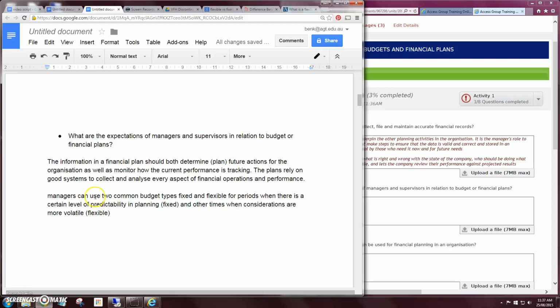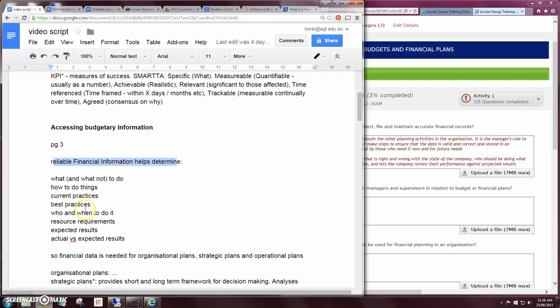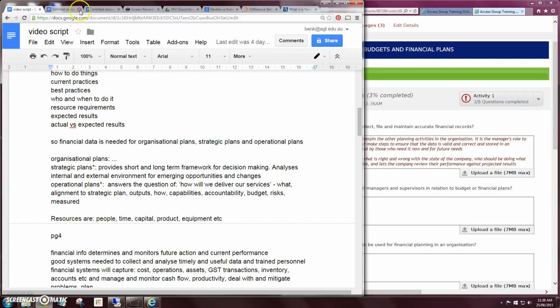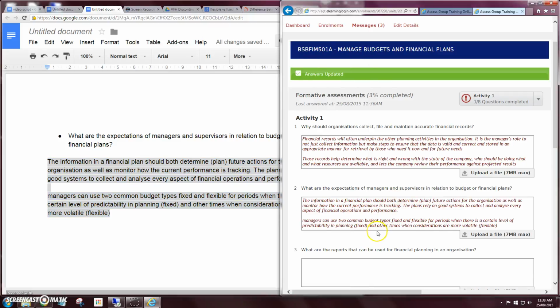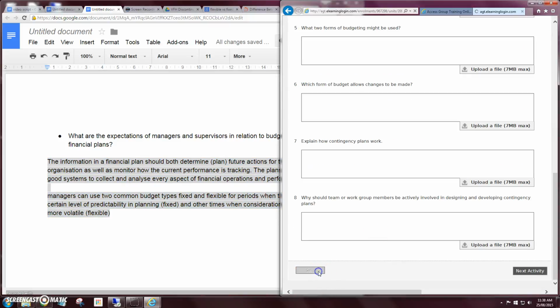Managers can use two common budget types, fixed and flexible: fixed for periods when there is a certain level of predictability in planning, and flexible at other times when considerations are more volatile. That's what I've gleaned from my note-taking back here. I'm fairly happy with that answer, so I'll now copy it, paste it in and immediately save it.